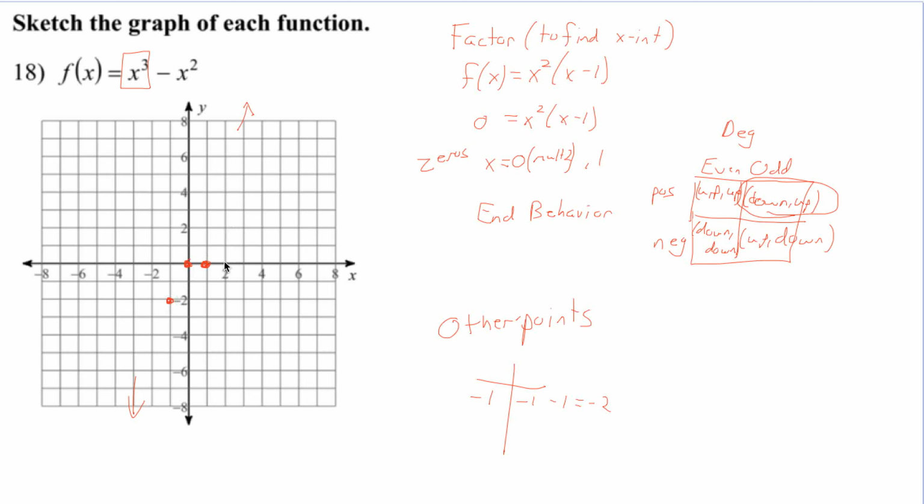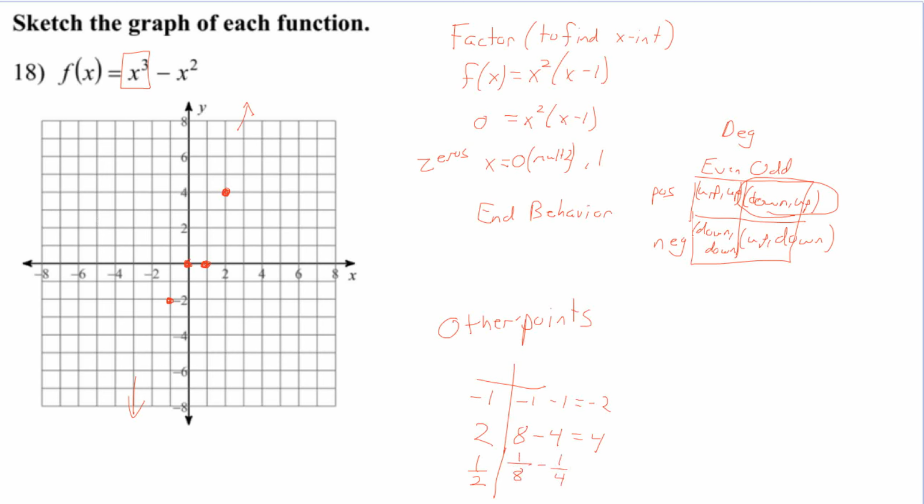And maybe we come to 2 here, putting in 2. 2 cubed is 8, minus 2 squared is 4, so 8 minus 4 is 4. So we have a point at 2, 4. If we want to see what happens in between these 2 points, we could plug in 1/2, because that's between 0 and 1. 1/2 cubed is 1/8, minus 1/2 squared is 1/4.